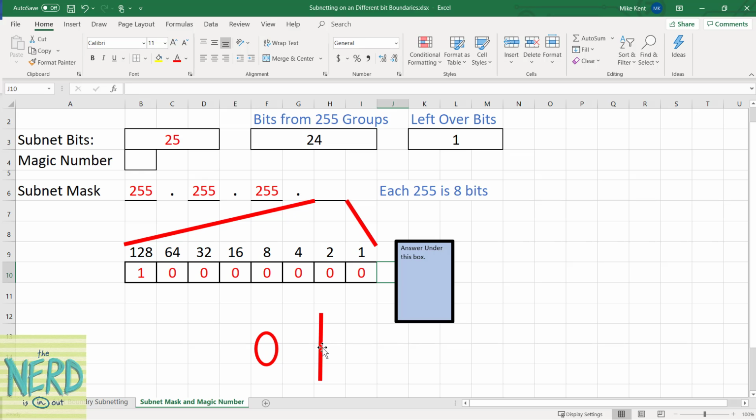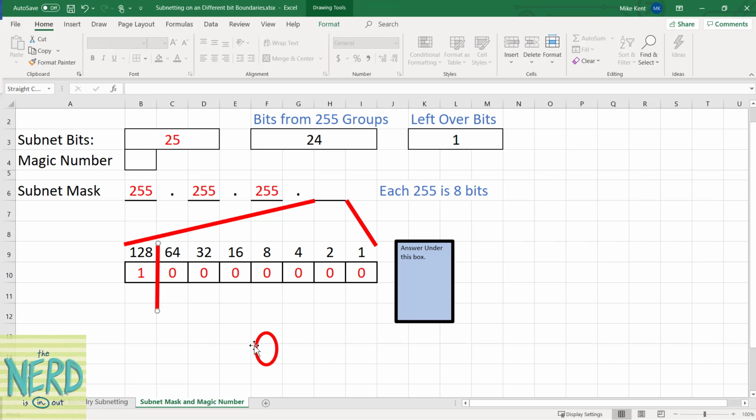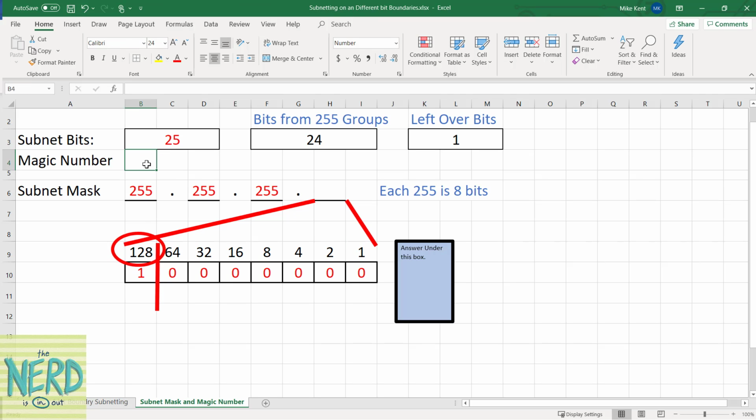So my dividing line is right here between the 64-bit and the 128-bit, and my magic number is going to be 128. So if I add these up, that means my subnet mask is going to be 128 because I only had 1 bit to add up.